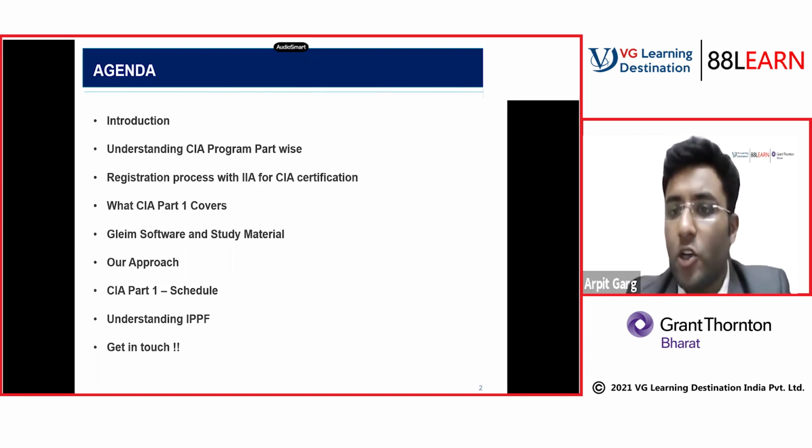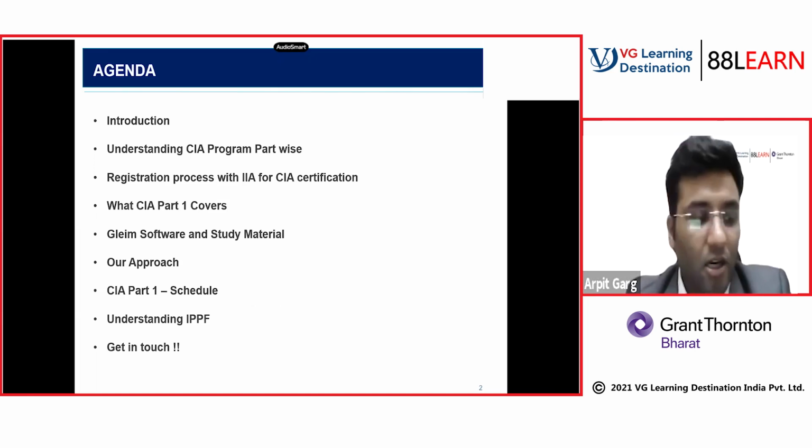So we'll be covering one topic, which is understanding the IPPF framework, and then we'll give you the coordinates and how you can get in touch to enroll for this entire program to pursue the CIA program. I hope you all are clear.